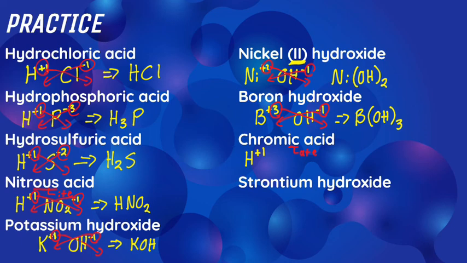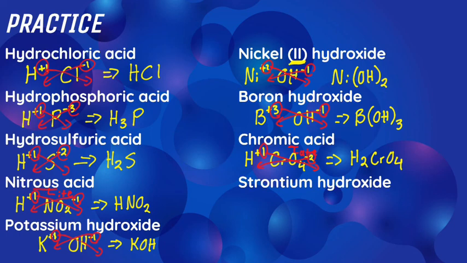Our chromate has the formula of our CrO4 with a -2 charge. We're going to go ahead and cross these down. And we're going to end up with our H2CrO4. And that is going to be our chromic acid.